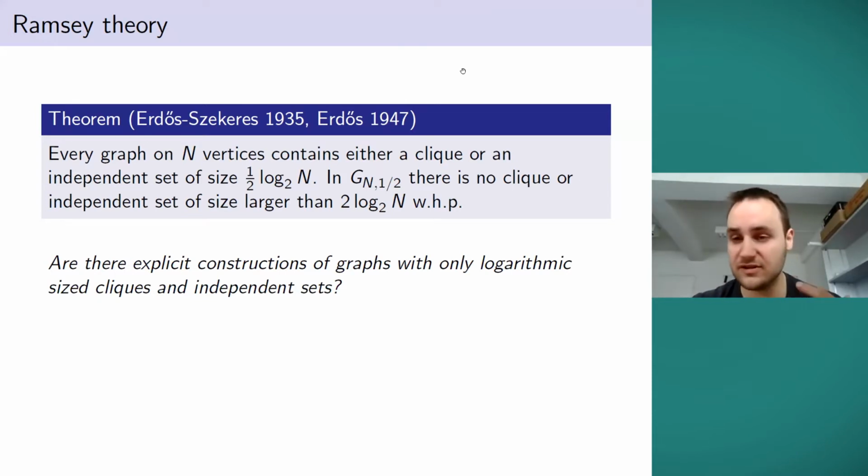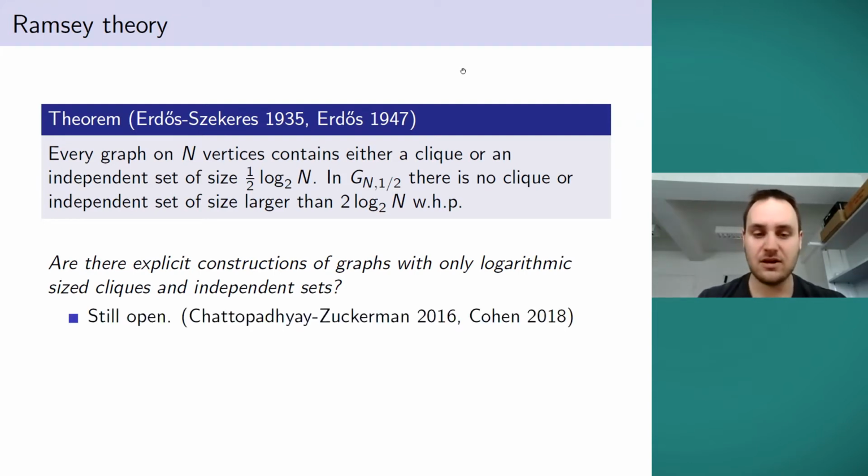Unfortunately, this problem turned out to be extremely difficult. Despite the fact that it's extensively studied, still to this day we don't have deterministic constructions of graphs which achieve this logarithmic bound. So this question is still open, and the currently best known bounds are due to recent results of Chattopadhyay and Zuckerman and independently Cohen.